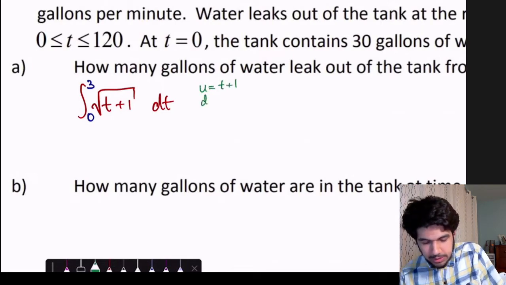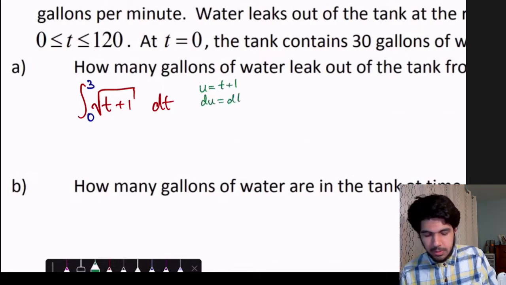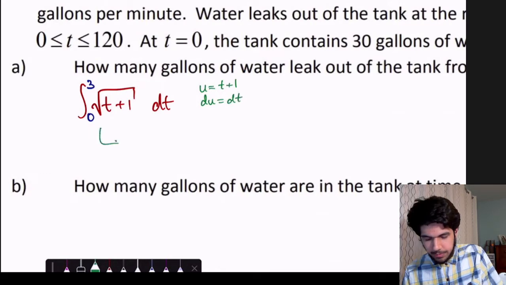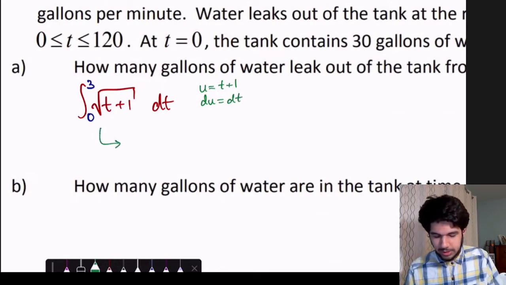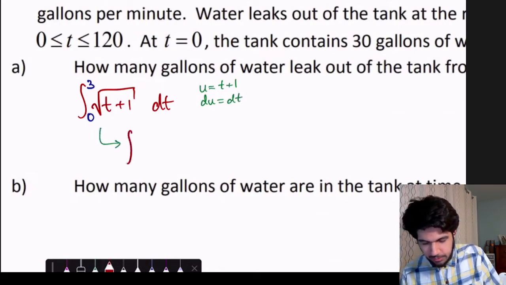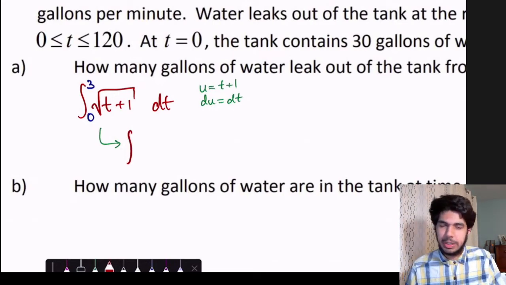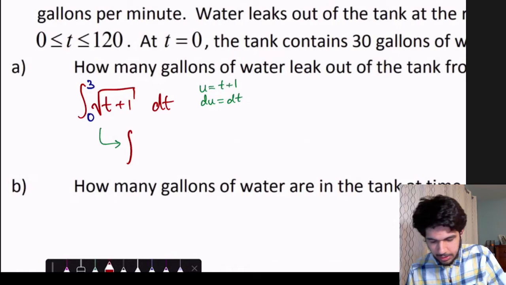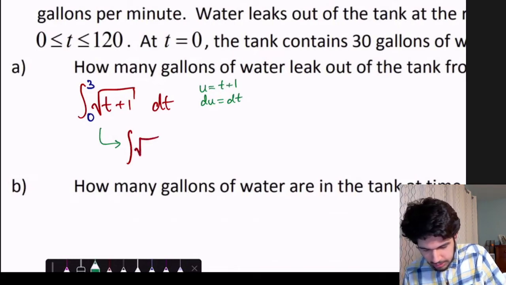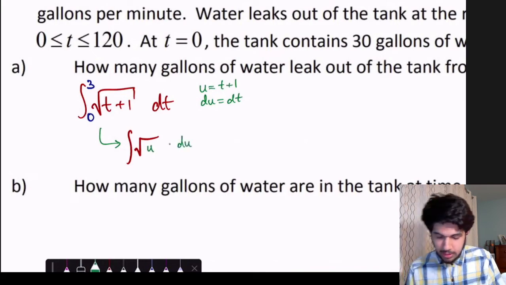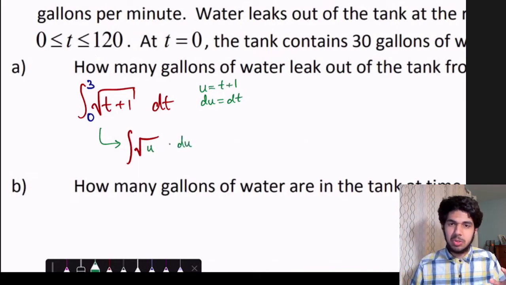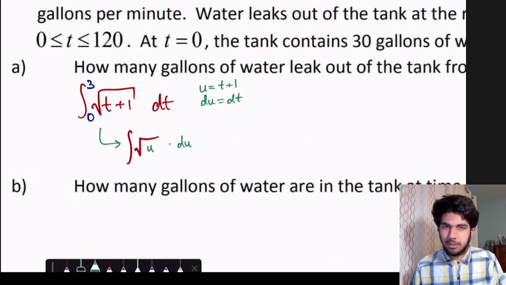Well, then we have du equals dt, and then let's see if we change this integral. So we're still integrating, and then let's just deal with the integrand and handle the limits later. So now we will be taking the square root of u times du, and so that seems like a doable integral. So now let's take care of the limits.